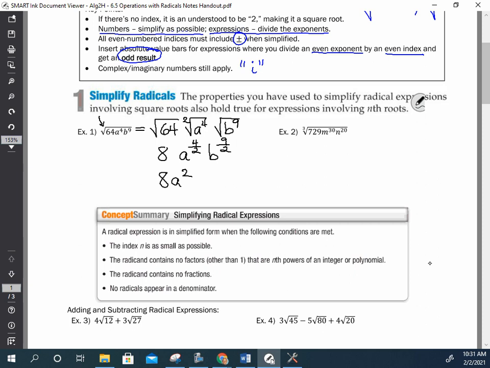9 divided by 2 isn't even. So 2 goes into 9 4 times. That's b to the 4th. So since that does not divide evenly, the remainder goes back under the square root. And that's your simplified answer.